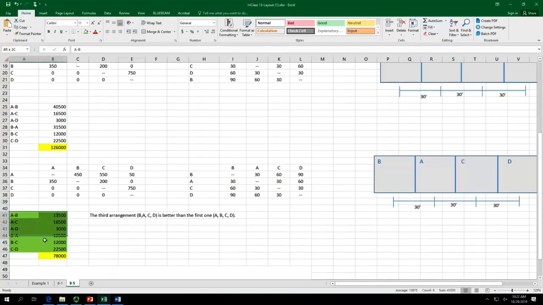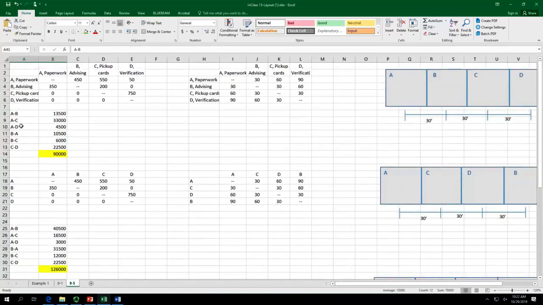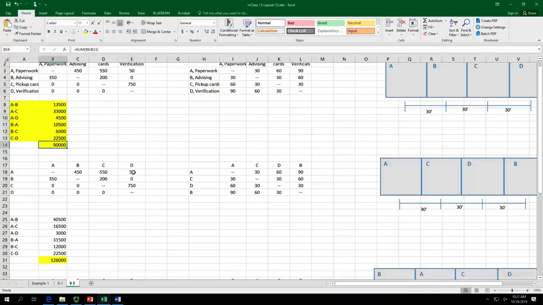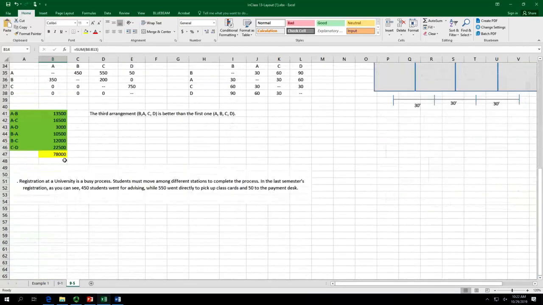So this one is the improved layout. Compare with this one: yellow over here is 90,000, and this one is 78,000.